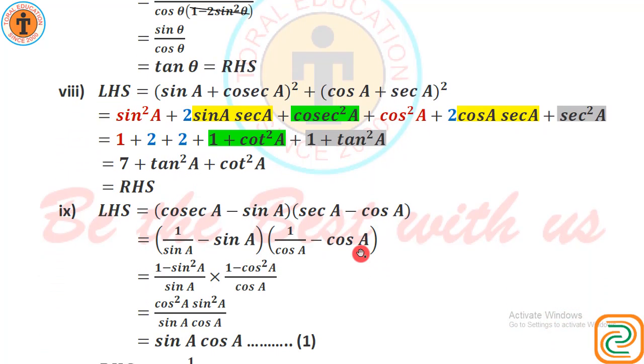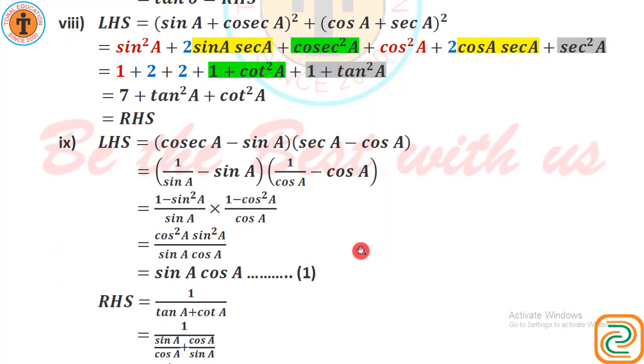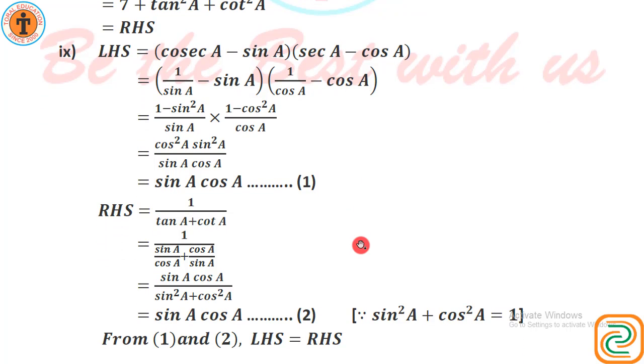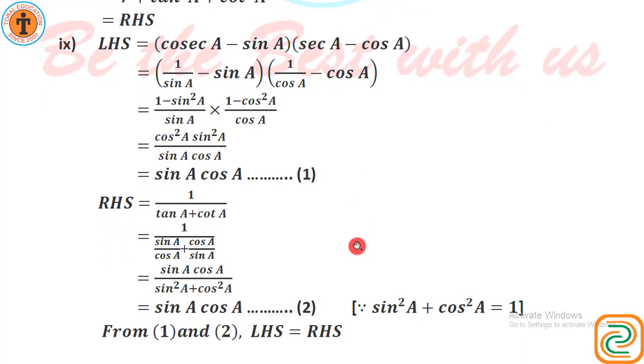Question number 9. Cosec A minus sin A and sec A minus cos A. Left hand side, we have converted into sin cos.